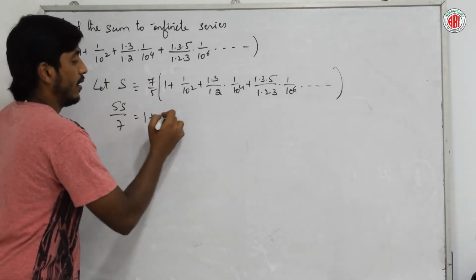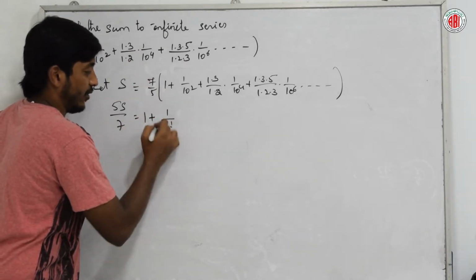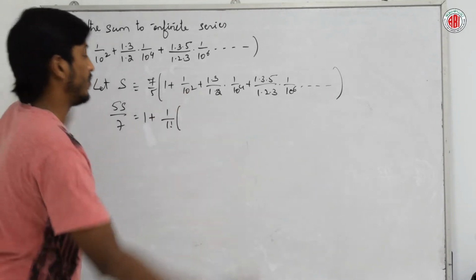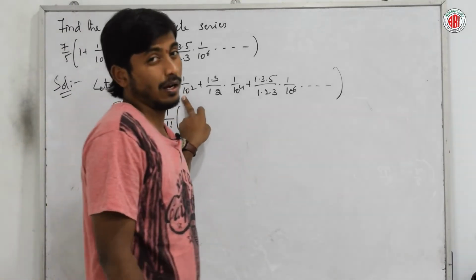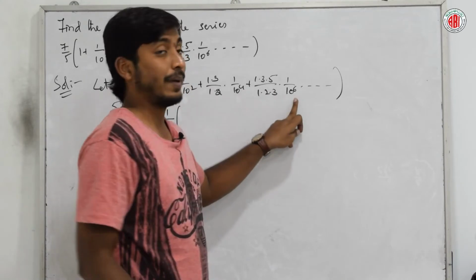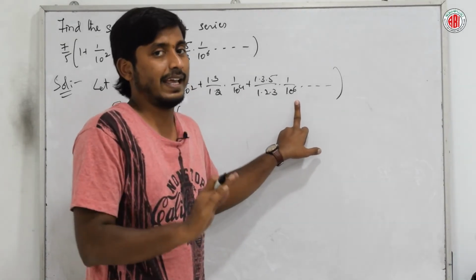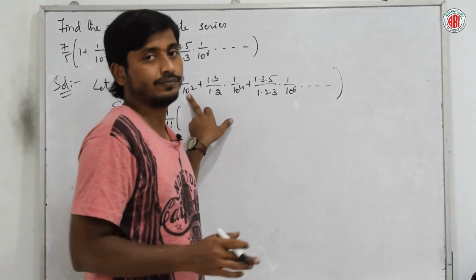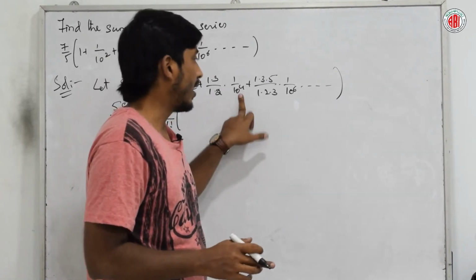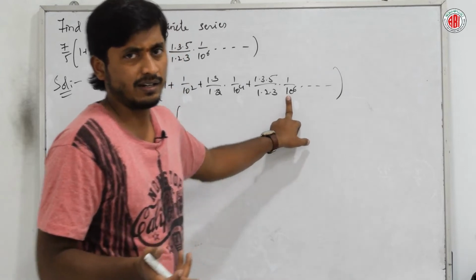1 plus 1 by 1 factorial into, since if you observe here it is 10 square, here it is 10 power 4, 10 power 6, it's increasing. So let us take the term instead of 10, let me take it as 100. 100 square, 100 cube, you can get it, right?